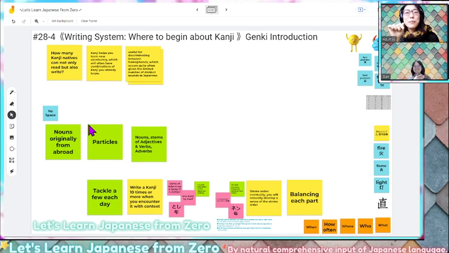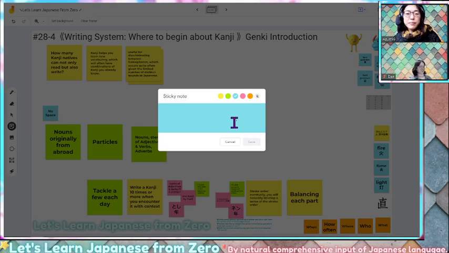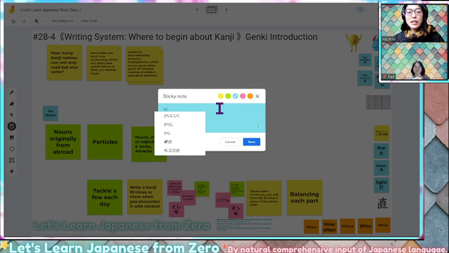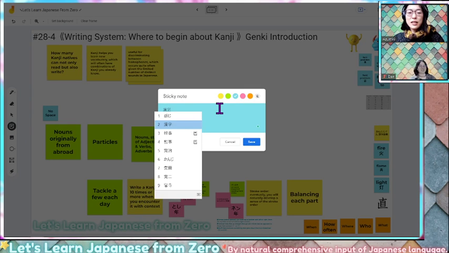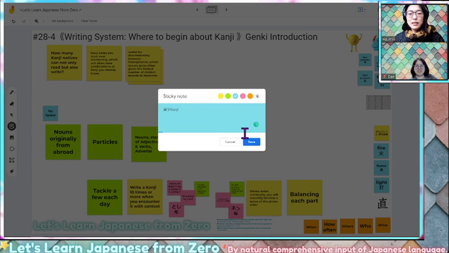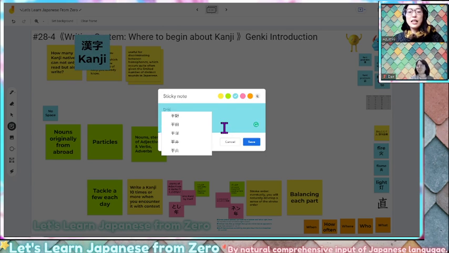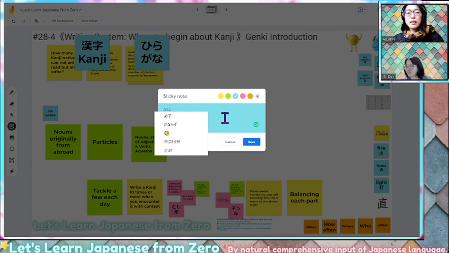So in Japanese, mainly we use kanji, and in the conjugation part and for particles, we use hiragana. Okay, so today you have to remember that kanji is written like this: kanji, hiragana, and katakana.